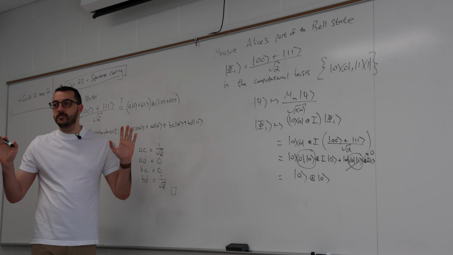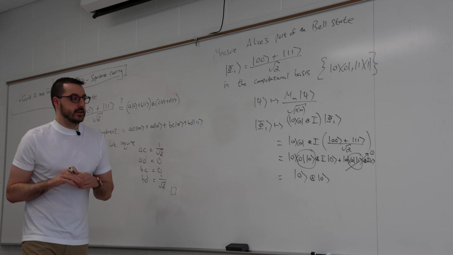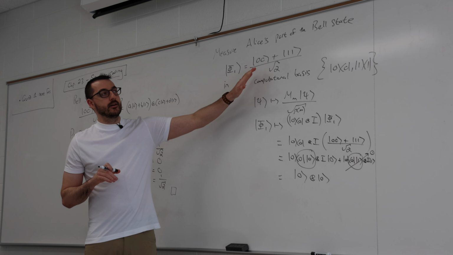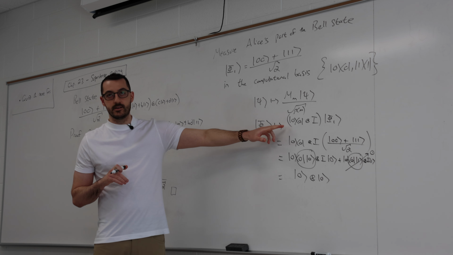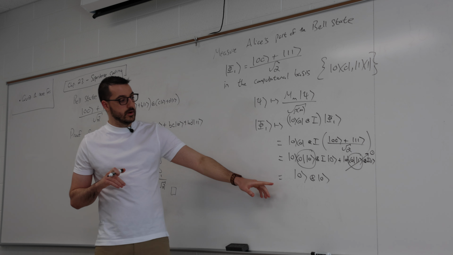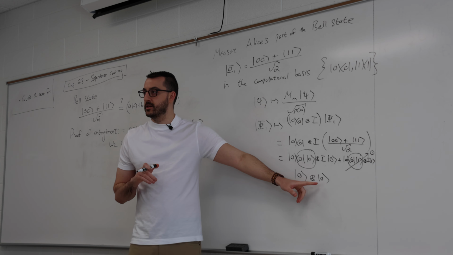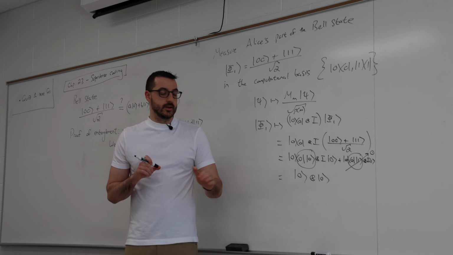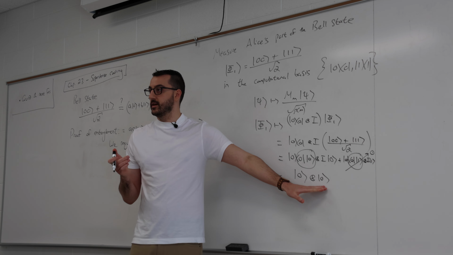OK, so let's zoom out a little bit, and let's try to interpret this. Alice measured her part of the Bell pair, and we suppose she got the outcome 0. Now, what state is Bob's qubit in? It's just the one on the right of the tensor product, that's 0, right?